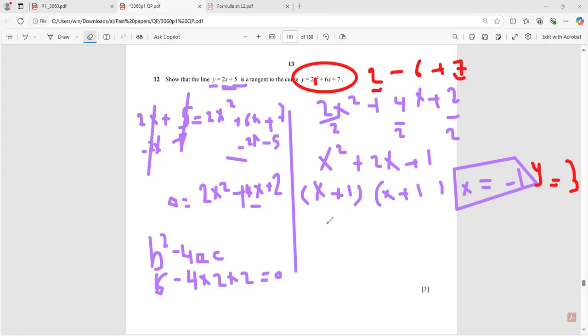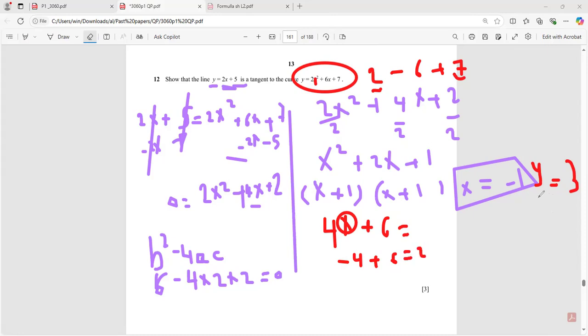So the gradient for this will be 4x plus 6, which equals the gradient at the point x equals -1, so minus 4 plus 6 here equals 2.